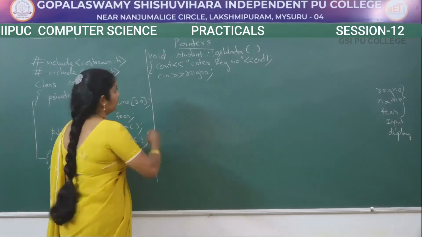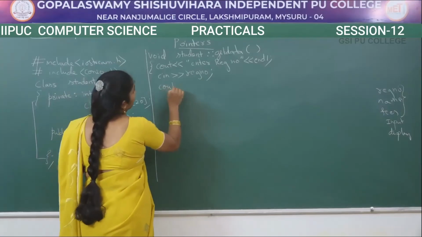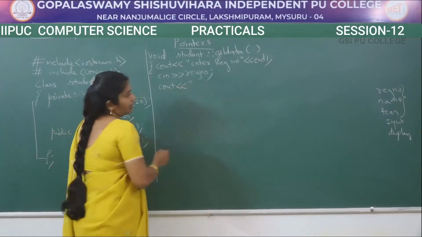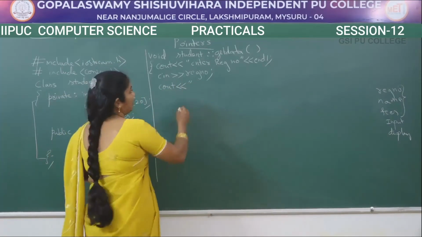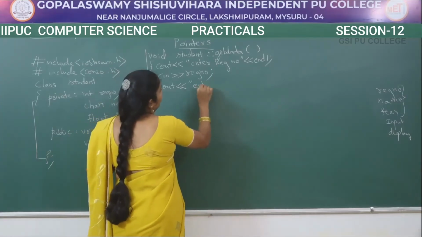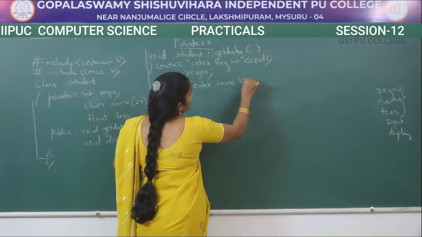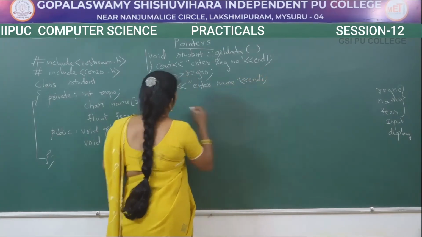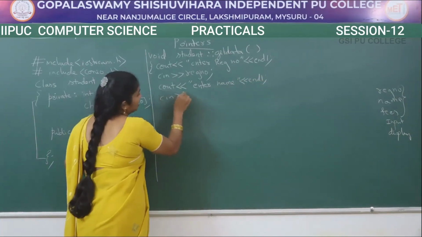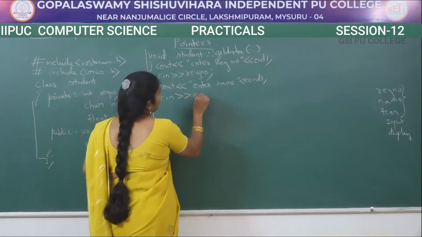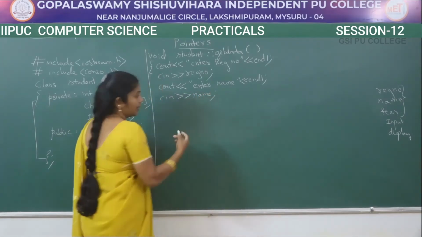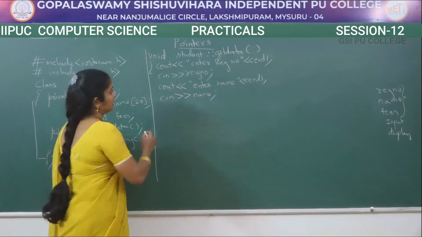Next one, now we have to input the name. That is cout, insertion operator, inside the double quotes: Enter name. To move the cursor to the next line, endl. Now cin extraction operator, name. Next, we want to input the fees.